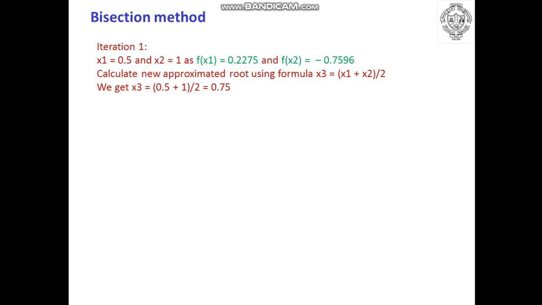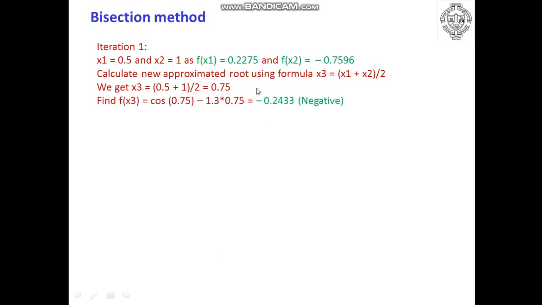That is nothing but we are finding out the midpoint between x1 and x2 by taking sum of these 2 points divided by 2. So here we get x3 equal to 0.5, that is x1, plus x2 as 1 divided by 2, which is 0.75.